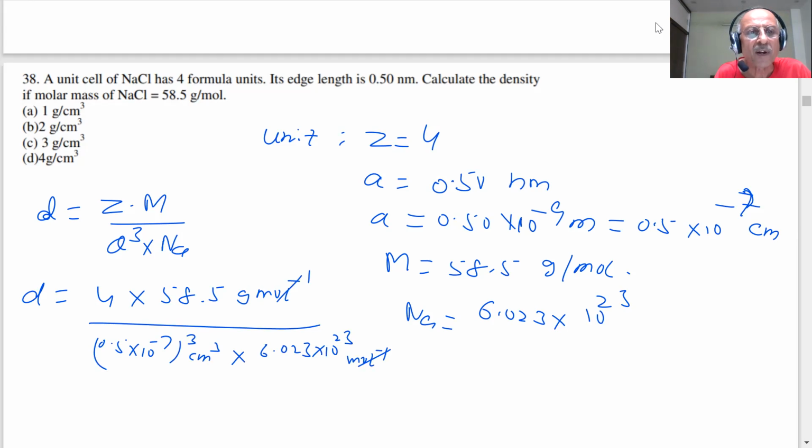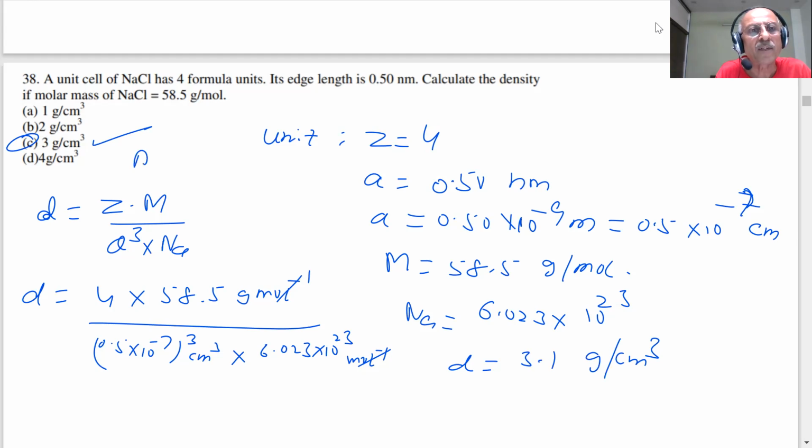So find this value of density, students. Once you cancel it, 4 into 58.5 divided by 0.5 into 0.5 into 0.5, the answer here is going to come around 3.1 gram per centimeter cube.